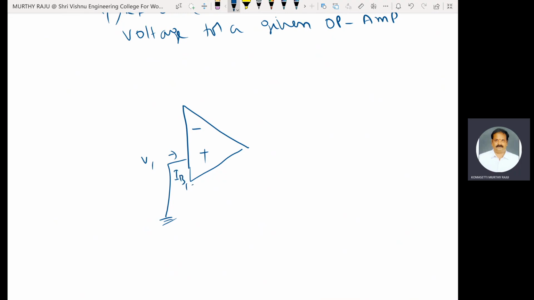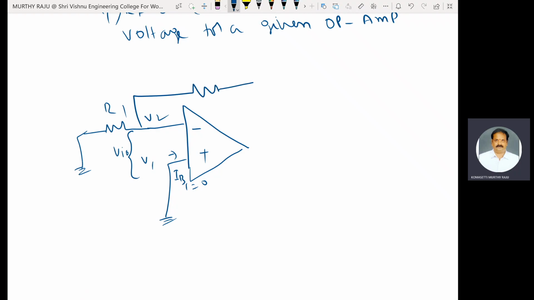IB1 is equal to 0. This one is V2. Input offset voltage VIO is present between these two. This one is R1. This one is RF.